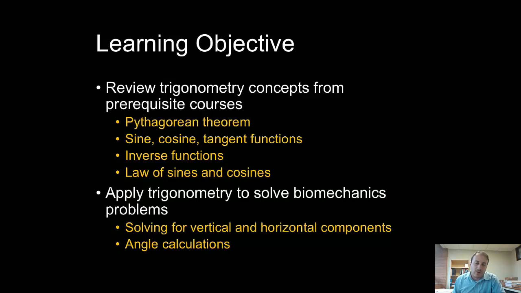And finally we talked about the law of sines and cosines in terms of solving the lengths and angles of non-right triangles. I hope that this refreshed your memory a little bit of how to use these trigonometry properties, as it will be a vital part of this course. We also showed how we could apply trigonometry to solve biomechanics problems, including solving for vertical and horizontal components, as well as solving for angles and lengths.